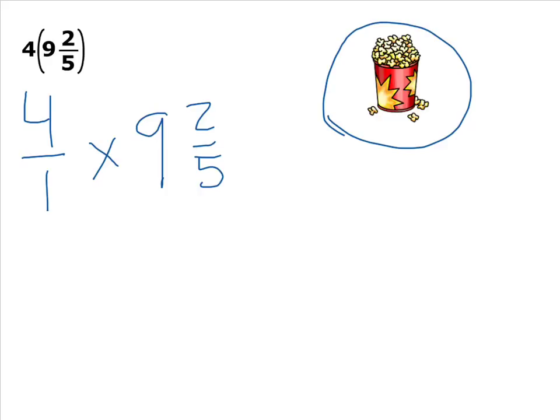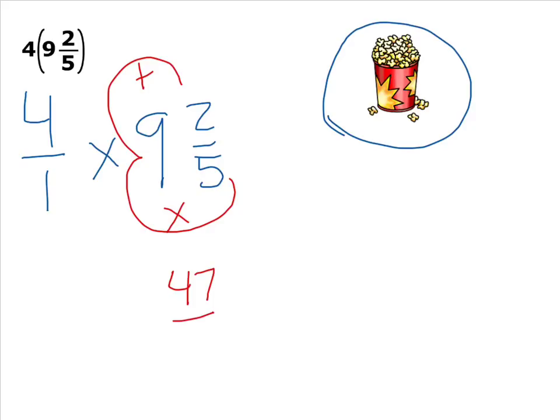Remember, we can't multiply that times 9 2/5, so we have to use our popcorn rule here. Multiply down here, add up here. 5 times 9 is 45, plus 2 is 47 over 5. And I'll just put my 4 over 1 over here.